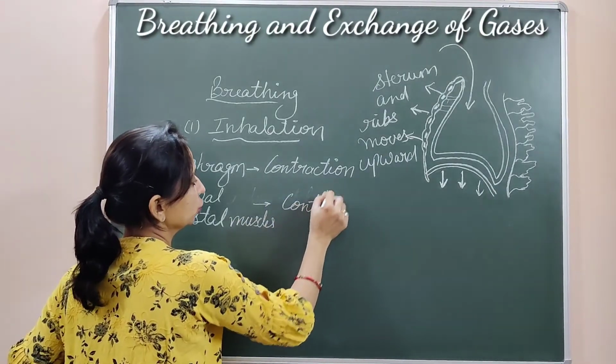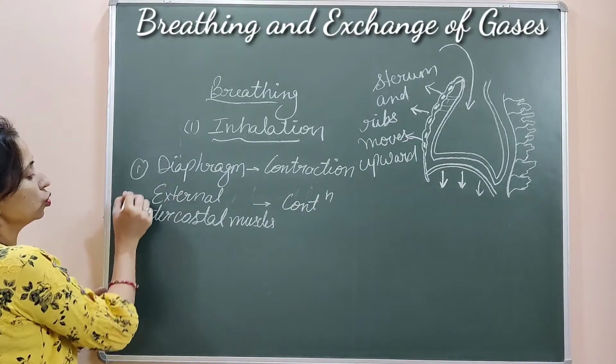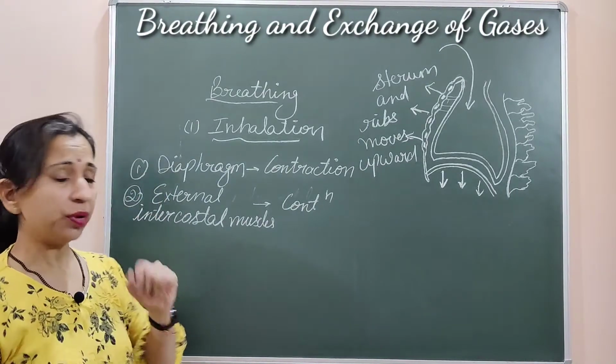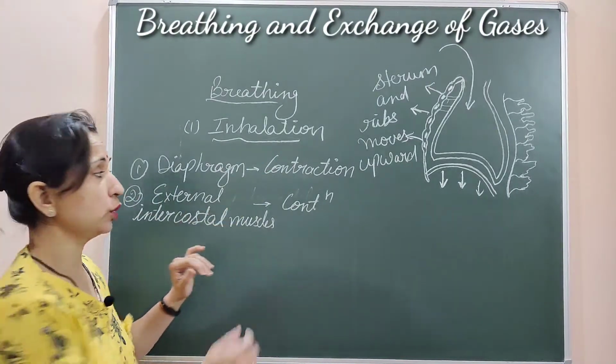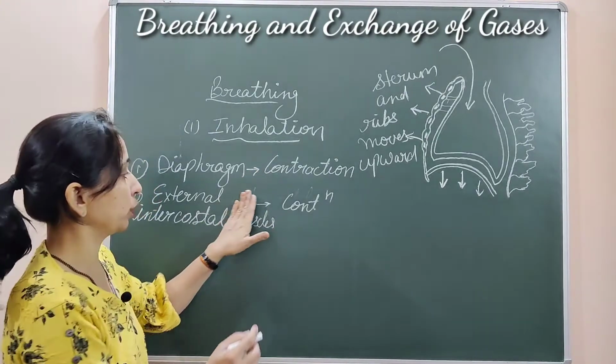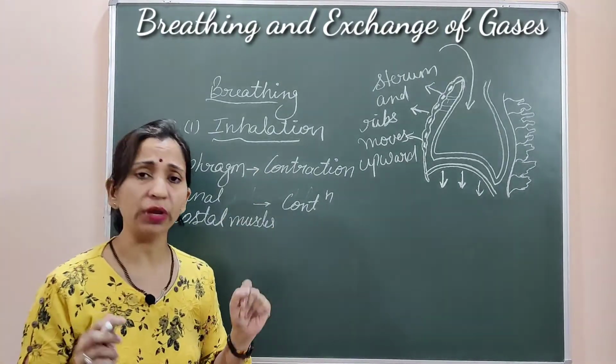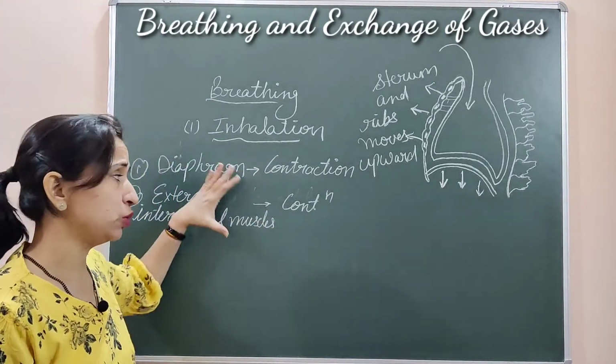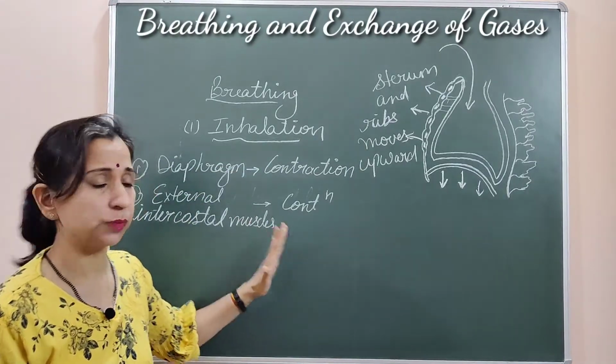They are also showing the contraction. So these two muscles, the diaphragm and the external intercostal muscles, are showing contraction during the time of inhalation. Now let's see what happens due to the contraction of these muscles.